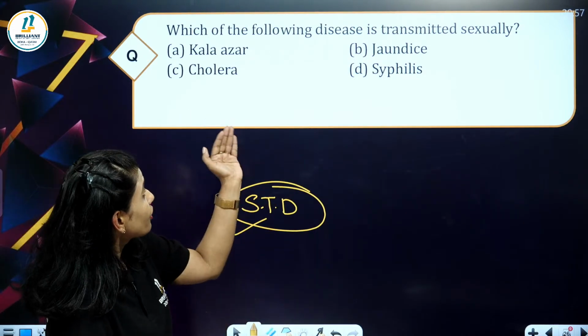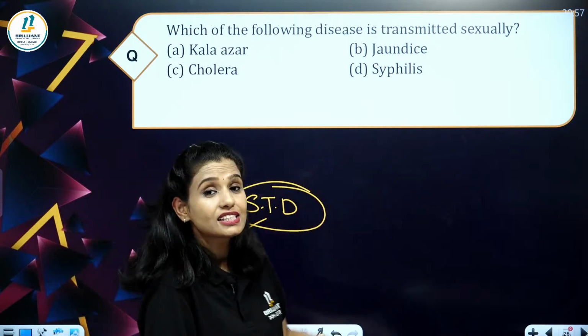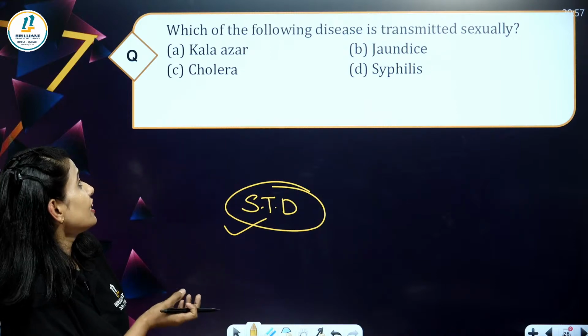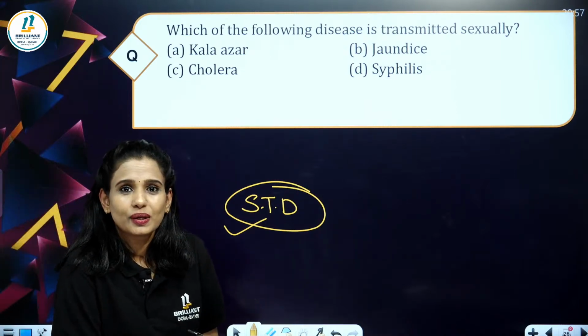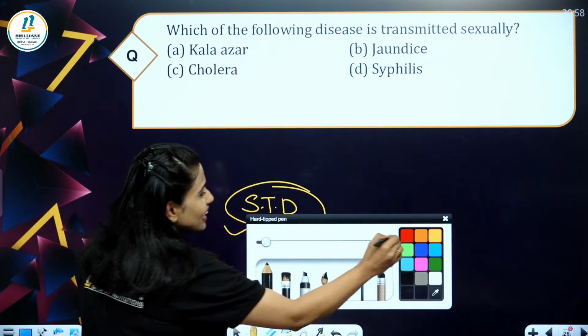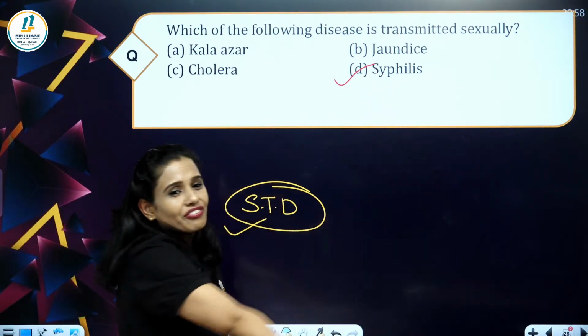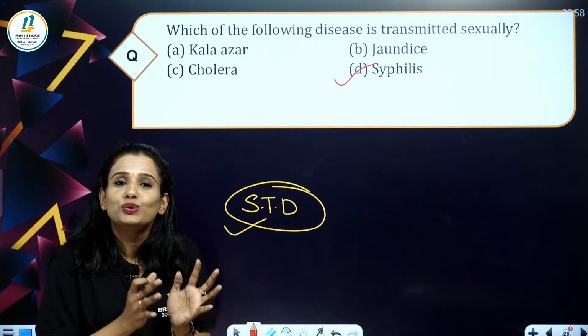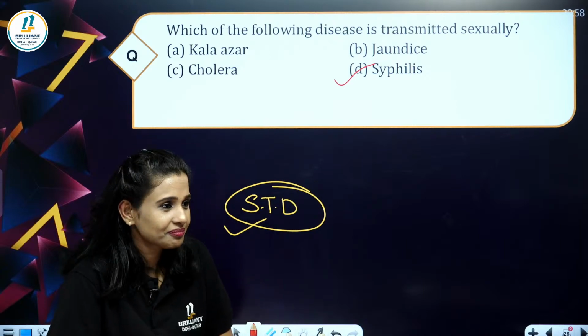See here, Kala Azar, jaundice, cholera, syphilis. We have learnt it in the previous question. It is syphilis. The other three are not transmitted sexually.